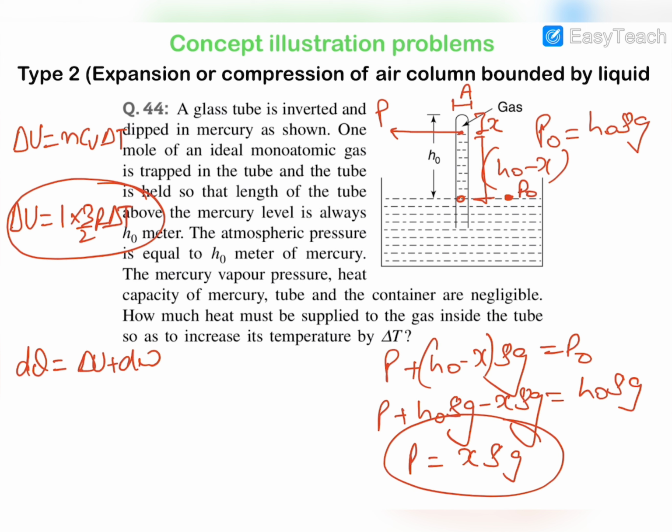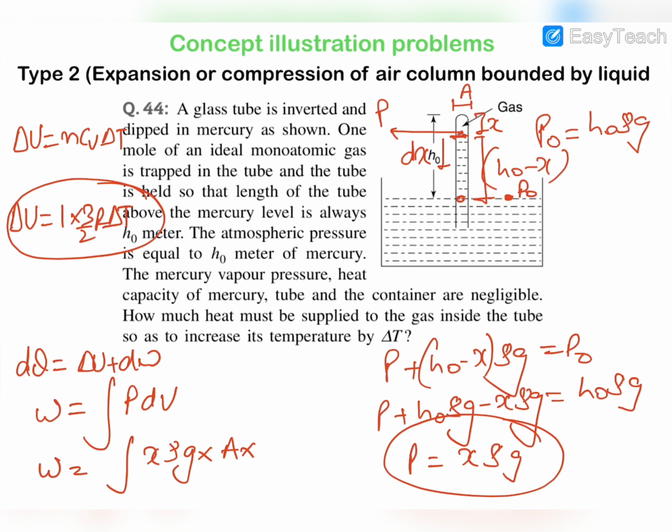Now we have to find out dW. So let us suppose that at any moment of time this level goes down by a distance of dx. So the work done by the gas will be equal to integration of P dV. So work done will be integration of P, which is x rho g, and dV will be equal to area into dx.